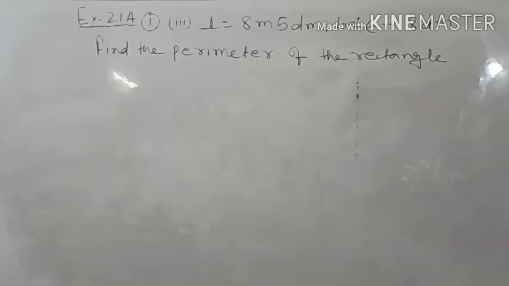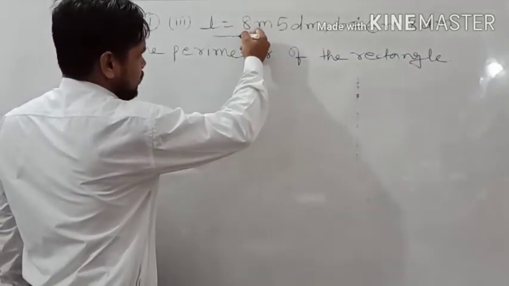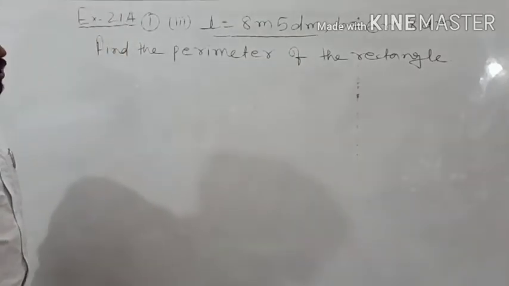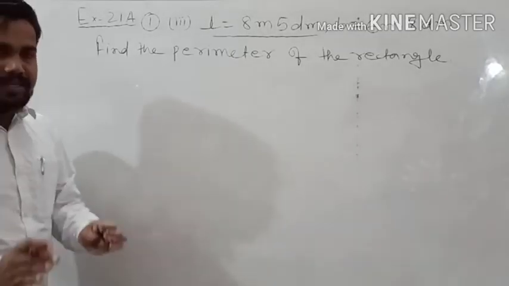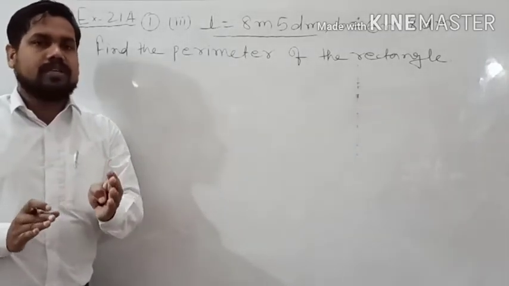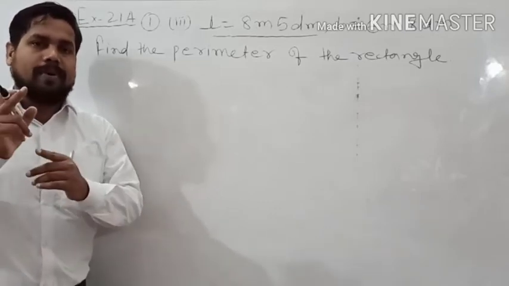So here one question is there, length is given, breadth is given, you have to find the perimeter of the rectangle. Very simple, just अगर इस तरह से कोई भी क्वेश्चन रहे, the two units are combined, first you have to convert the units into the same quantity. अगर जैसे मिनट और आवर्स में रहता है, days and month में रहता है, days and weeks में रहता है, तो what we used to do first, we used to convert into one particular unit.